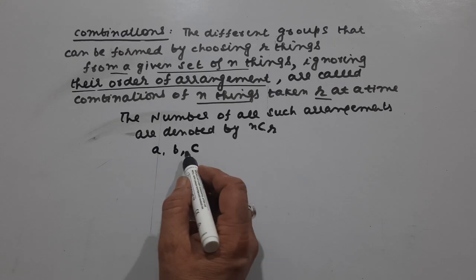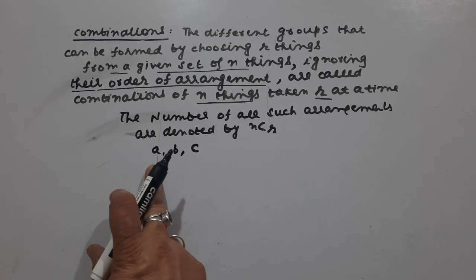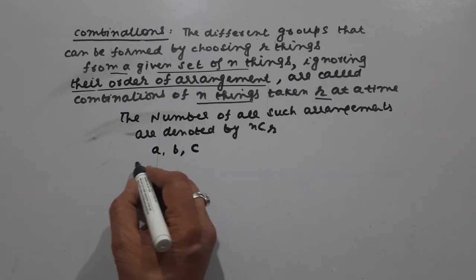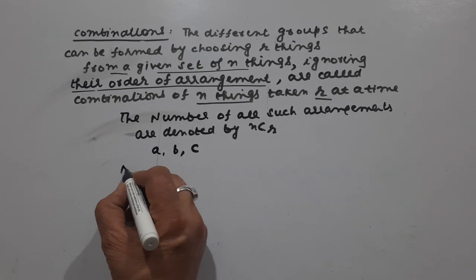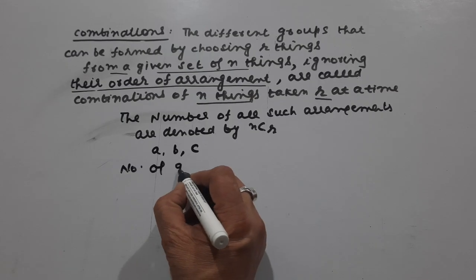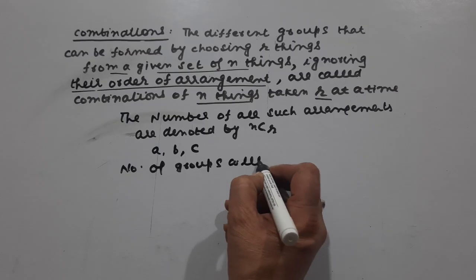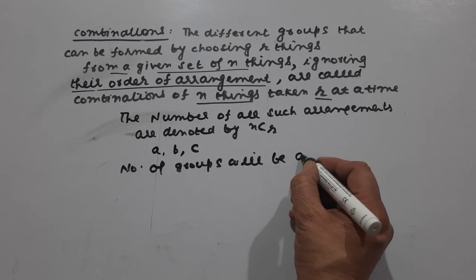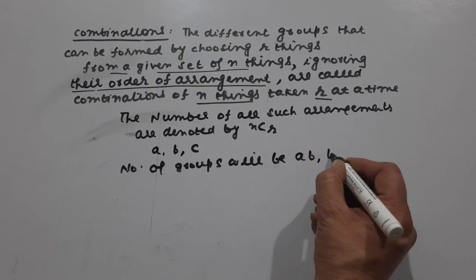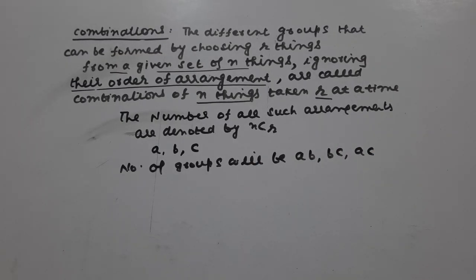So the number of combinations or number of groups will be: number one is AB, then BC and AC. So these are the three groups that can be made from three letters taking two at a time.